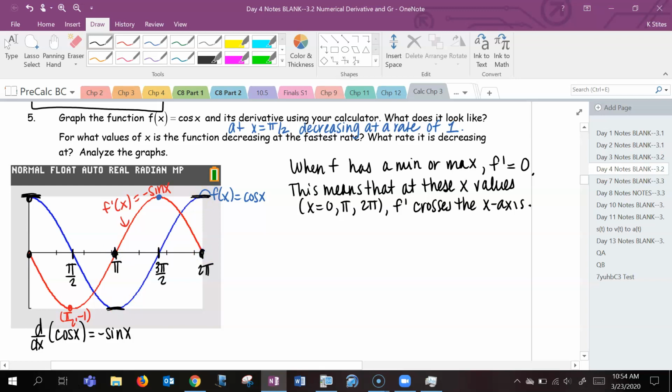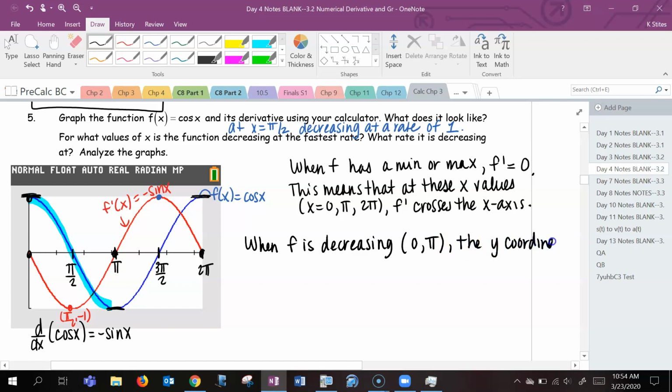Okay, now let's talk about when our function is decreasing. So we're decreasing here. When f is decreasing, and that's from 0 to pi, that's an interval, the y-coordinate of f prime is in the negatives.